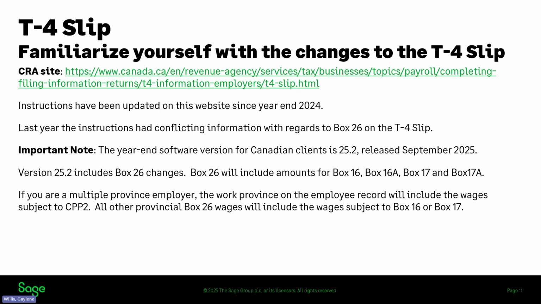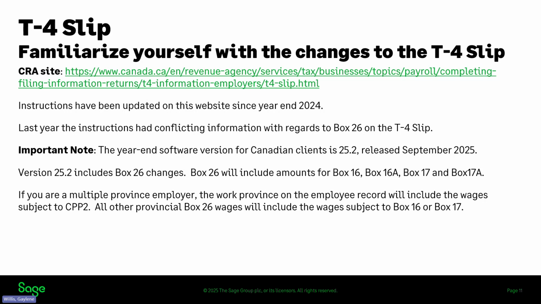On another part of that website, kind of buried down a little bit, it mentioned 16, 16A, 17, and 17A amounts. That was the correct instruction. They have since corrected their website, so now it shows box 16, 16A, 17, 17A for box 26. So it is correct, but the conflicting information led to a lot of questions last year.